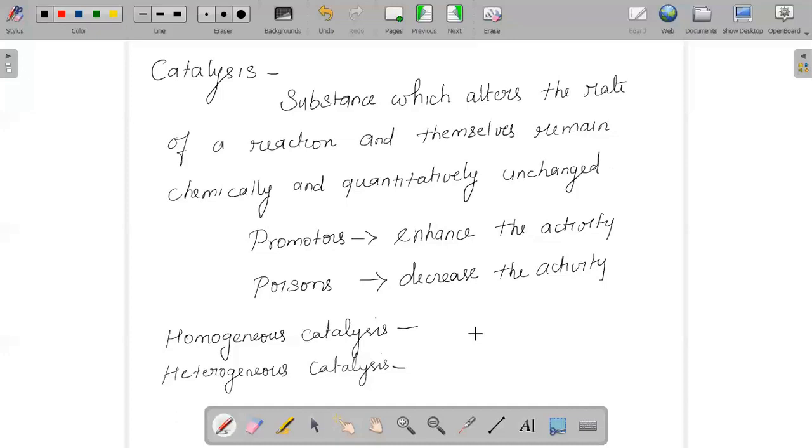If the reactant and the catalyst are in different phases, then it is heterogeneous catalysis. Adsorption theory is also helpful in determining the mechanism of heterogeneous catalysis.